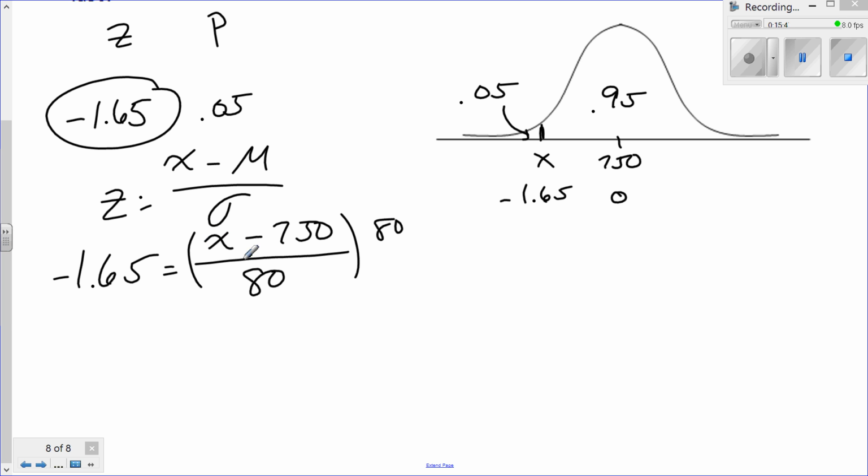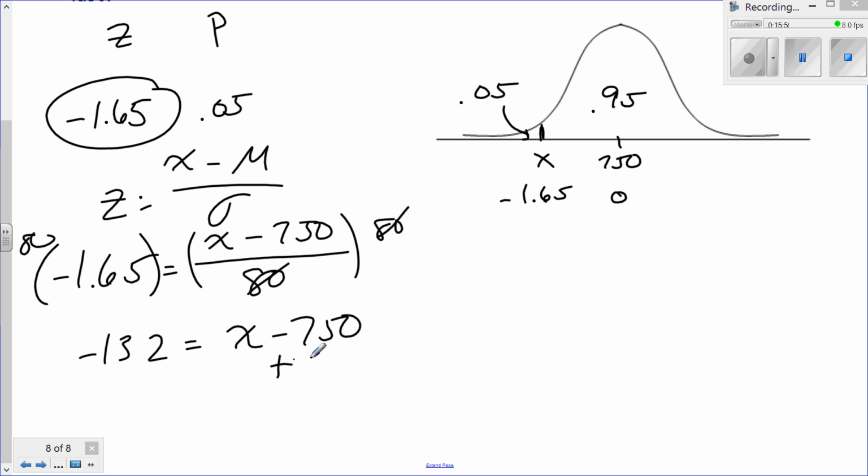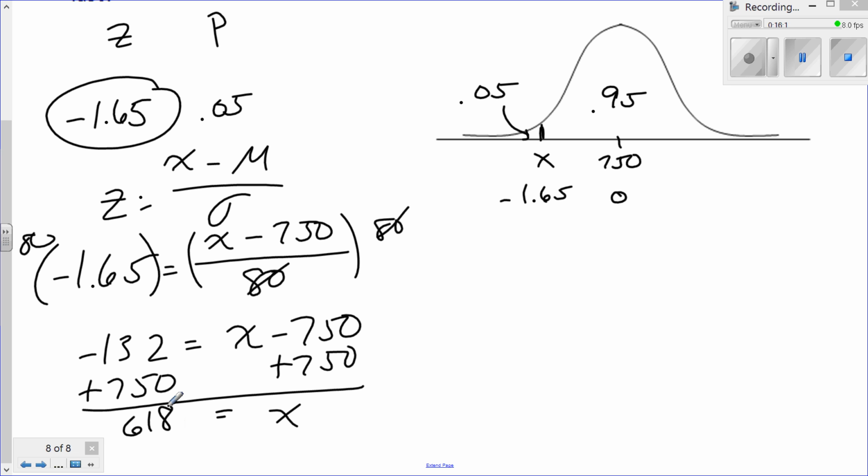So we can multiply both sides of the equation by 80. That'll give us negative 132. Here the 80s cancel. Equals x subtract 750. You can add 750 to both sides. And we want to guarantee that these light bulbs are going to last at least 618 hours. Because we expect 95% of the bulbs to last more than 618 hours and only 5% to burn out before 618 hours.